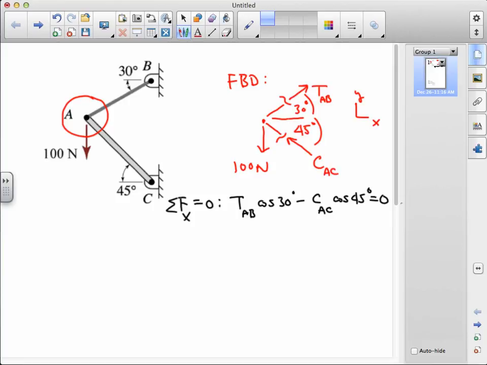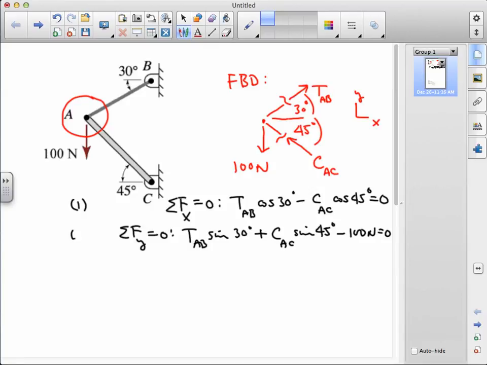In the y direction, we have TAB sine 30 plus CAC sine 45 degrees minus 100 newtons is 0. We'll call these equations 1 and 2.